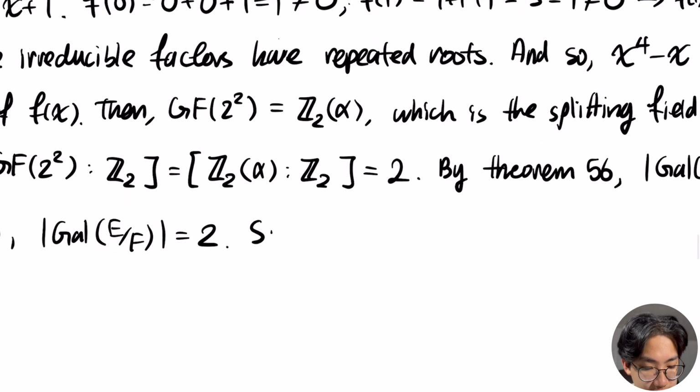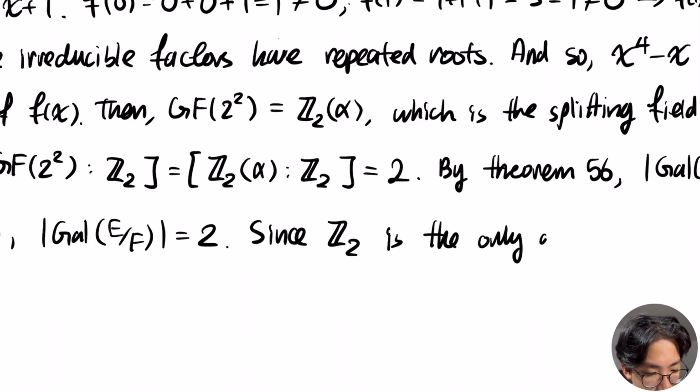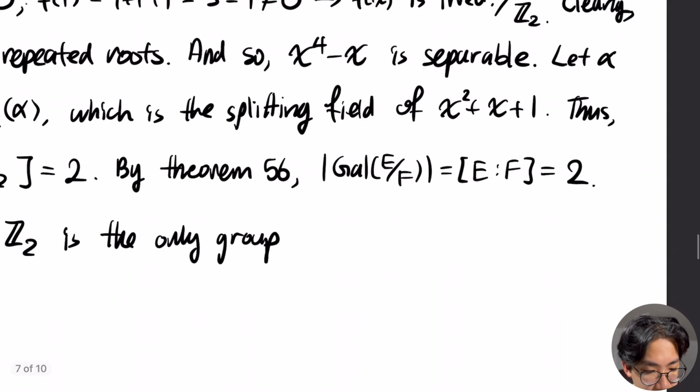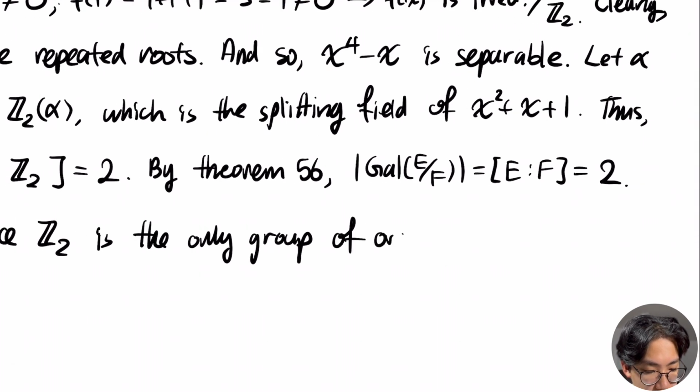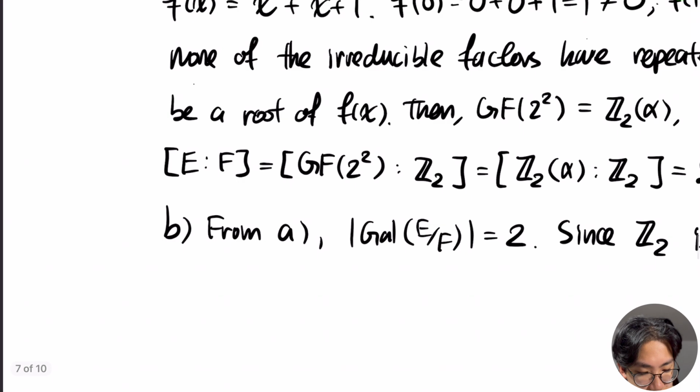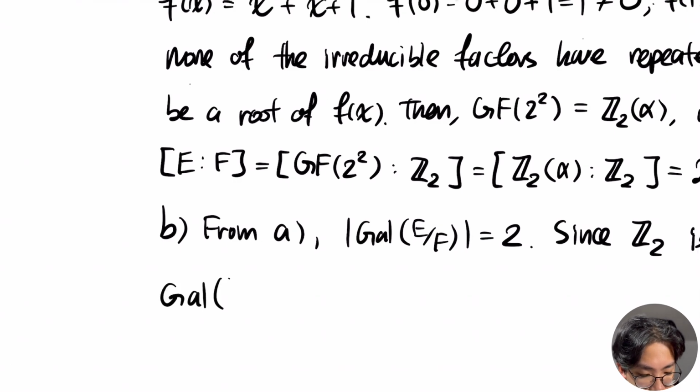Right, so since Z2 is the only group of order 2, and again, this is up to isomorphism, of course, we have that the Galois group of E over F is isomorphic to Z2.